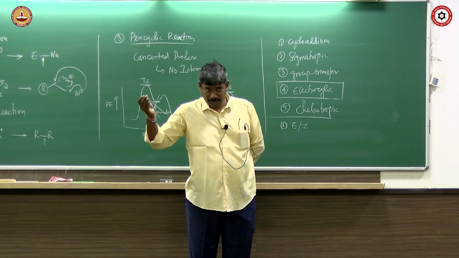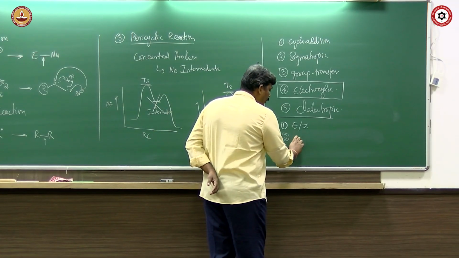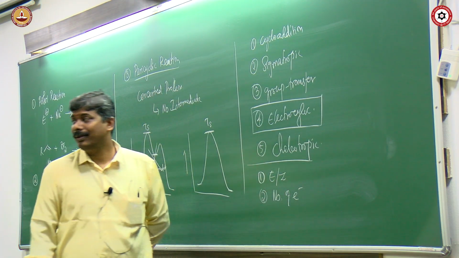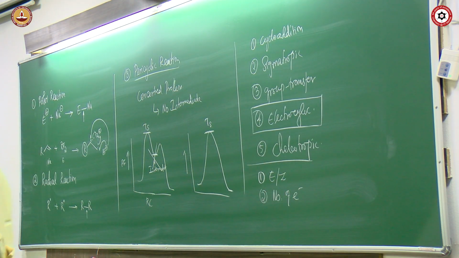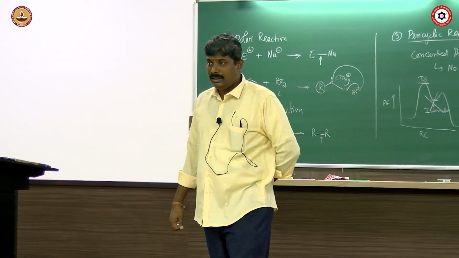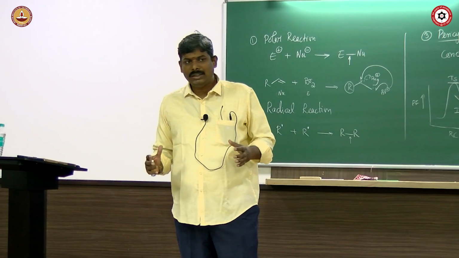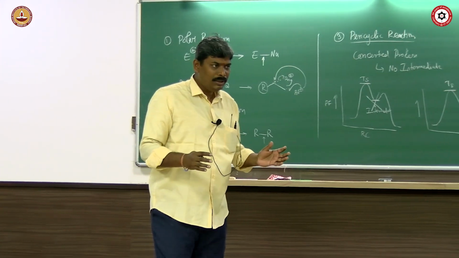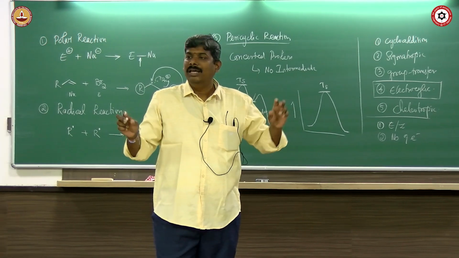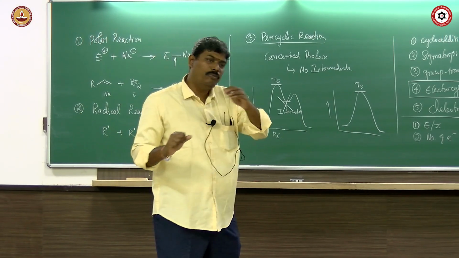And second is the number of electrons involved in the reaction. Because these are pi systems, we classify them, as in aromaticity, as either 4n or 4n plus 2 type. It becomes very easy to count because it's all pi system.